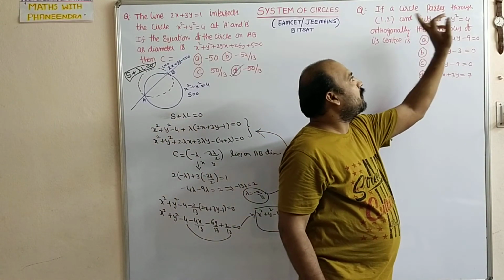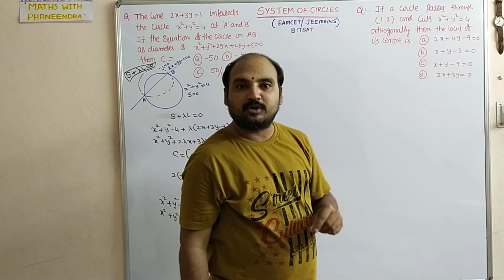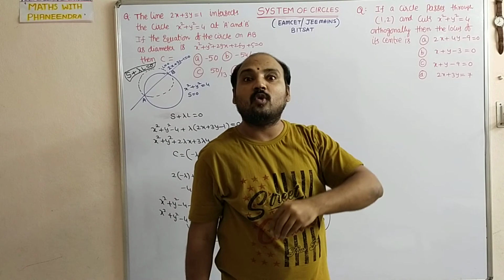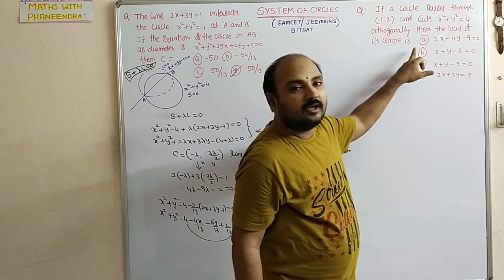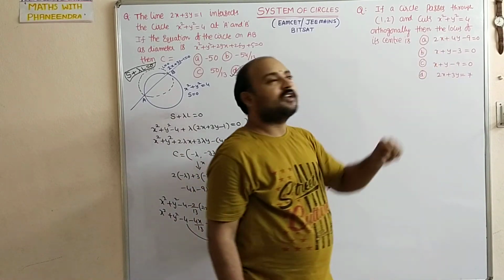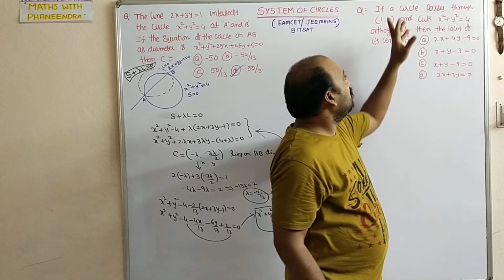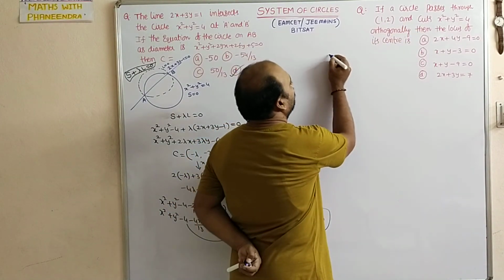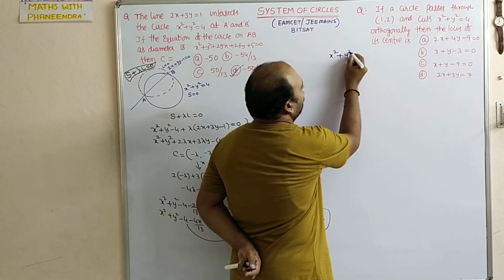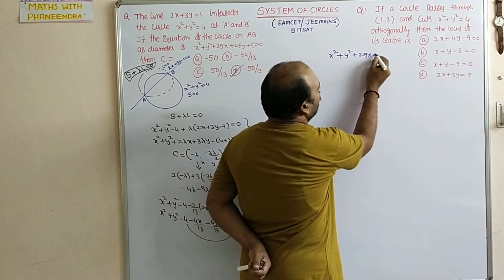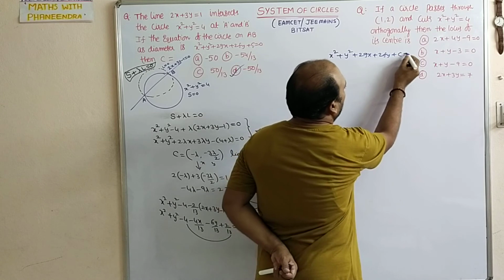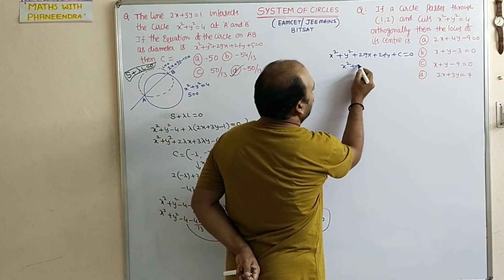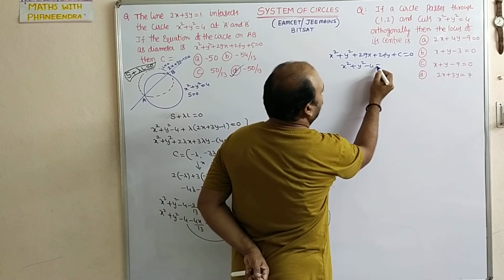If a circle passes through the point (1, 2) and cuts x² + y² = 4 orthogonally, then the locus of the center is? Take the general equation of the circle x² + y² + 2gx + 2fy + c = 0, and the given circle x² + y² - 4 = 0.